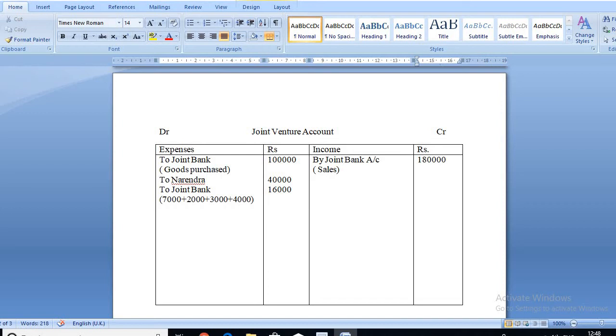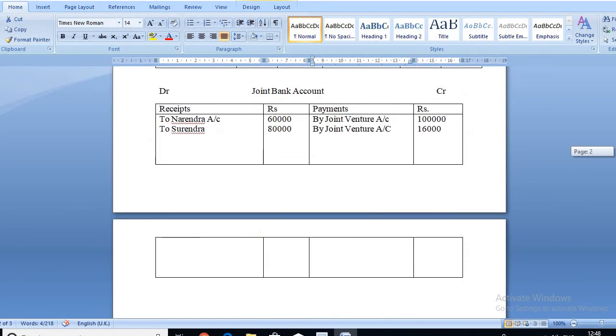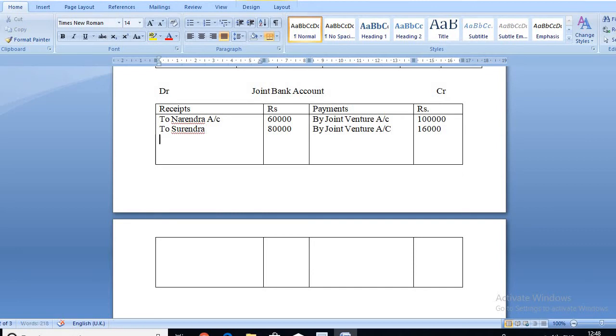Now we have to make the debit aspect, because every transaction has two aspects. One is debit, one is credit. The credit aspect is over. Now make the debit aspect. Where? In joint bank account, make debit entry. To joint venture account.